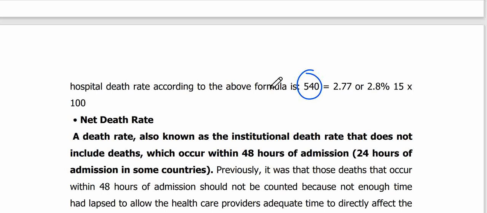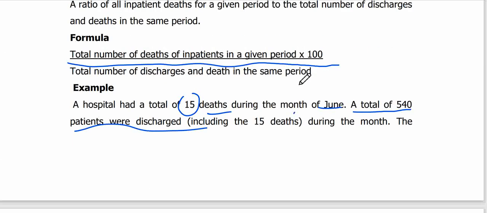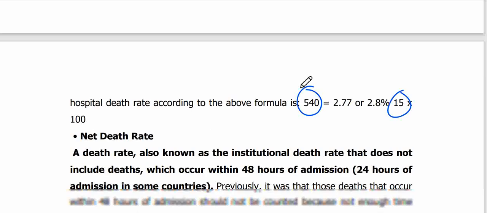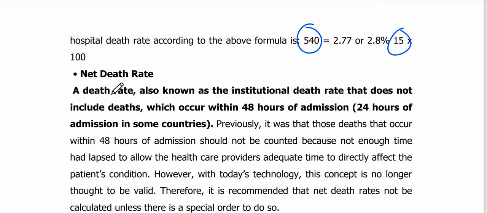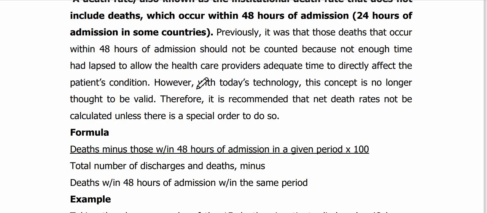And then you multiply by 100 to get the total death rate for that month.